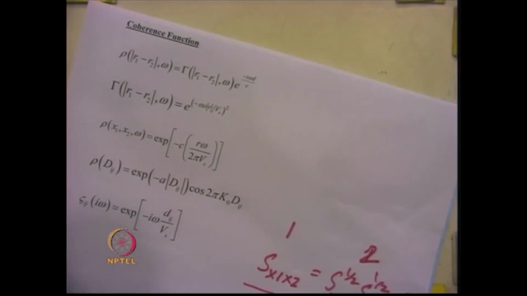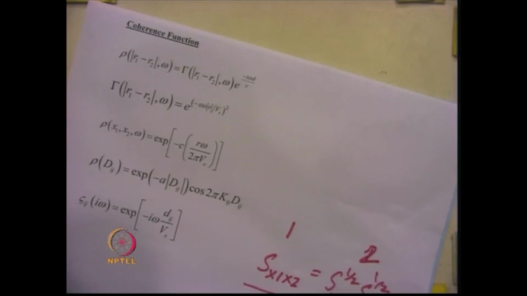In the form of A plus iB, Sx1x2 no more remains a real quantity, but a complex quantity. But in the problems of probabilistic analysis of structures using spectral analysis, there is absolutely no problem in tackling Sx1x2 as a complex function.